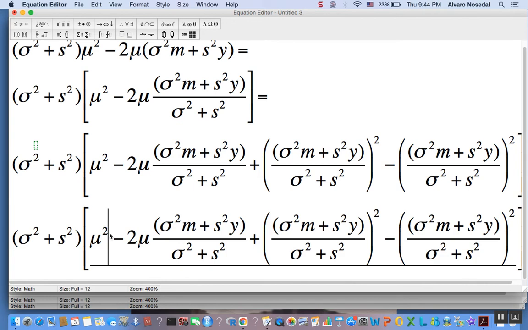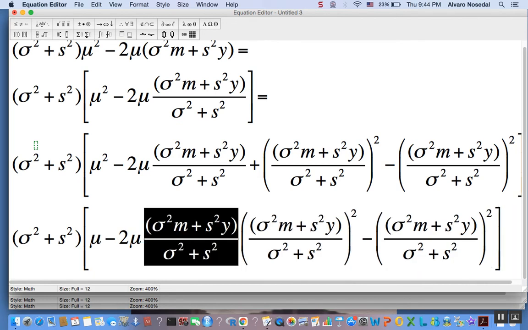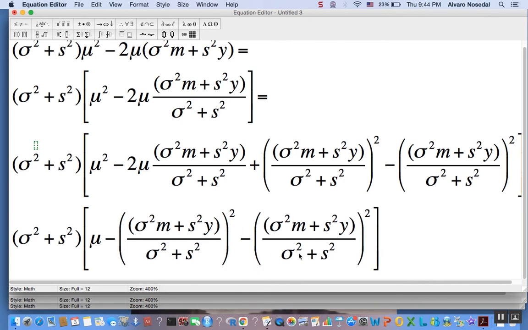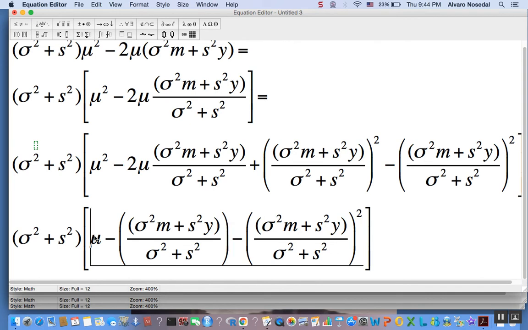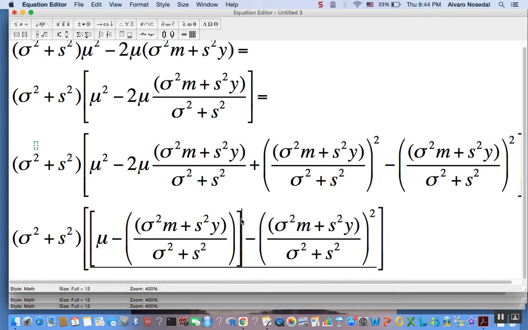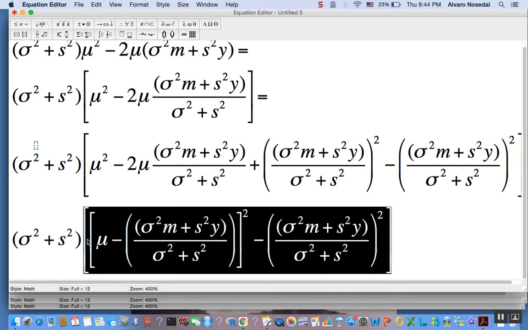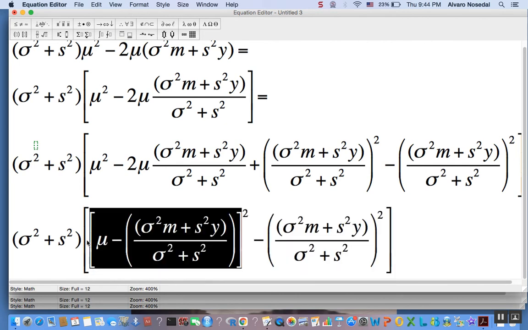Again, what we're going to have here is mu minus that quantity squared. And here let me use curly brackets to make a difference.